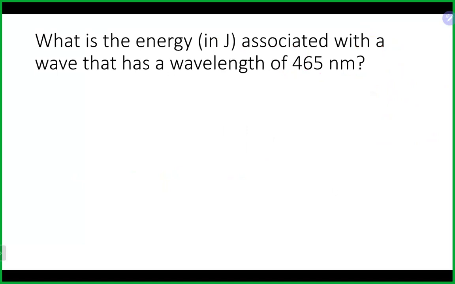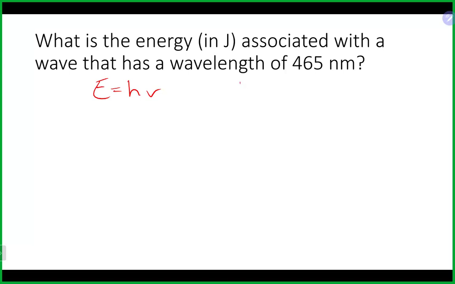All right, so why don't you try it there? What is the energy associated with a wave that has a wavelength of 465 nanometers? So okay, let's take a look. Here we're looking for the energy. So we have E is equal to h times the frequency.